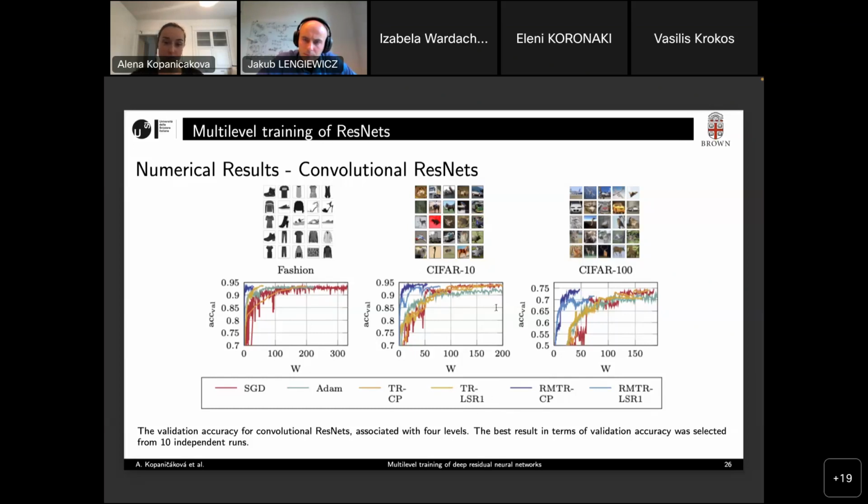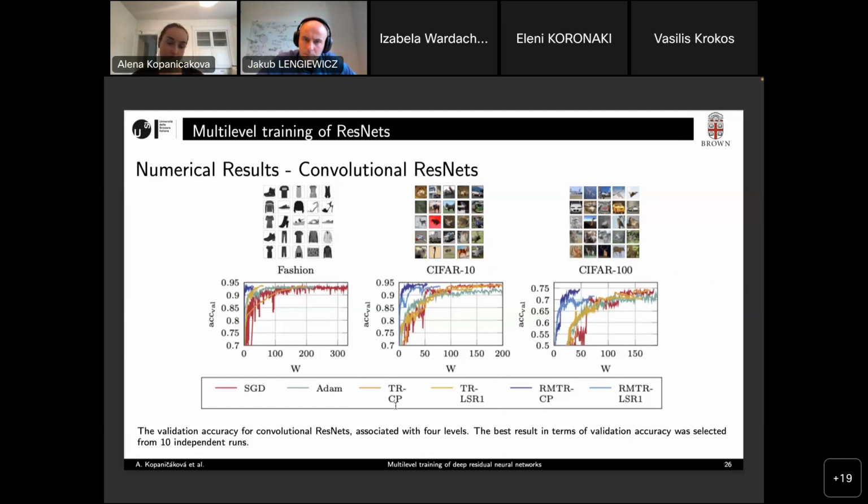As you can see from the obtained results, methods which incorporate curvature information, such as Adam and trust region methods employing the LSR1 strategy, tend to overtrain. Although they are efficient, we are not able to reach state-of-the-art accuracy.